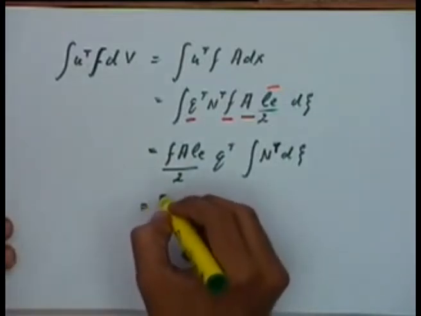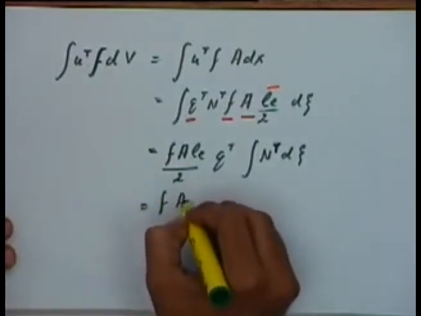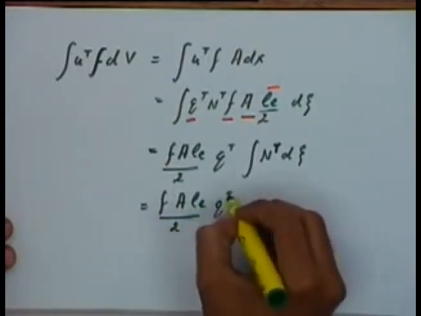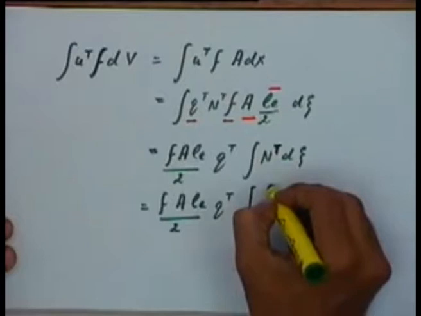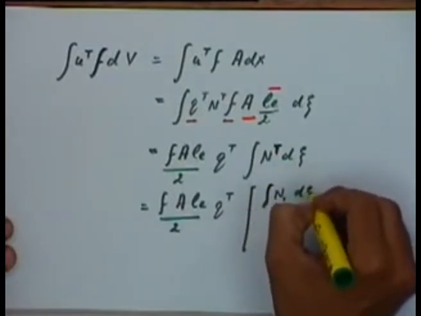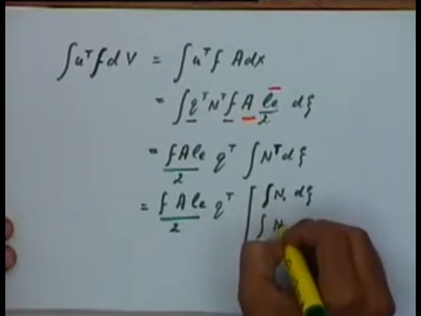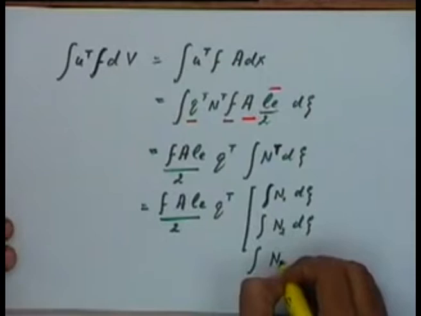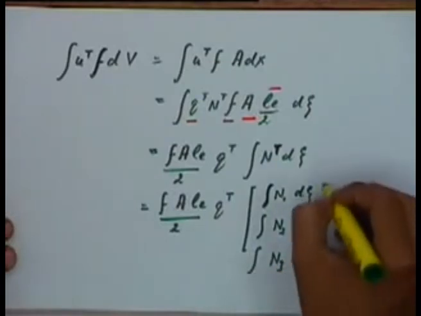I will write that as F A LE by 2 into Q transpose into the integral of n1 d zeta, the integral of n2 d zeta, and the integral of n3 d zeta.